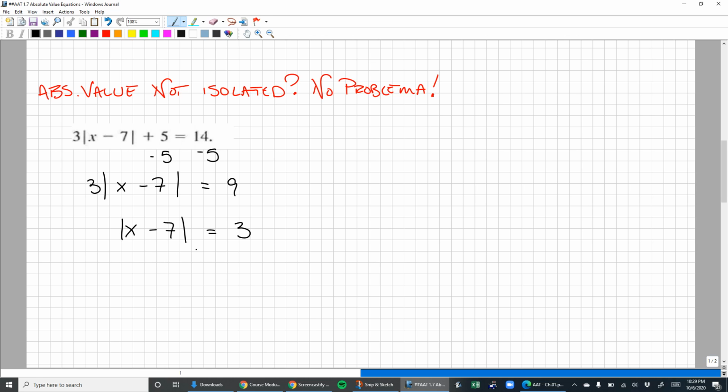And lastly, I get to rule 2, which is split this up into two answers. x minus 7 equals 3, and x minus 7 equals negative 3. From there, simple solve: add 7 to both sides, x is equal to 10, and here x is equal to 4. Those are my two answers, and so we just leave them as is.